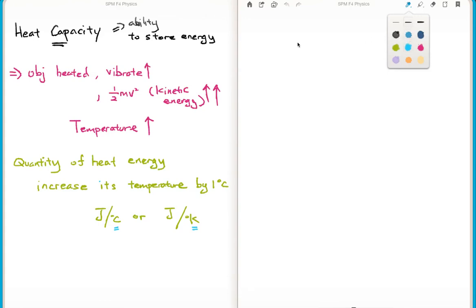Okay, so next, under heat capacity, the next thing you will learn is called specific heat capacity. This is something useful actually. The wording is almost the same, just that now you have specific.